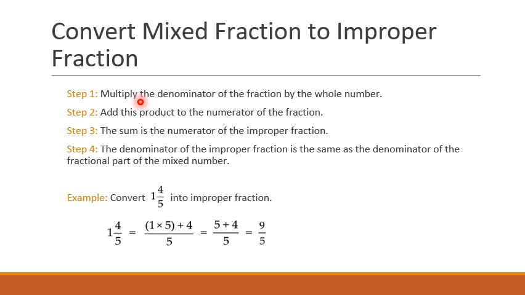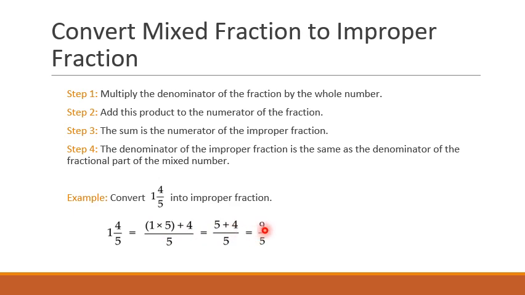Multiply the denominator by the whole part. The denominator here is 5, multiplied by the whole part, that is 1. So 1 into 5. Now add this product to the numerator, that is 4. So 1 into 5 is 5, plus 4, which is equal to 9.